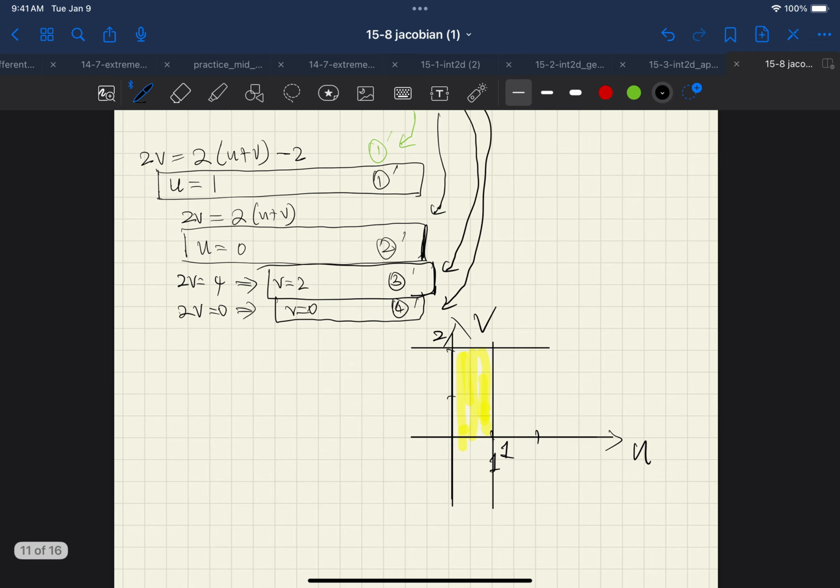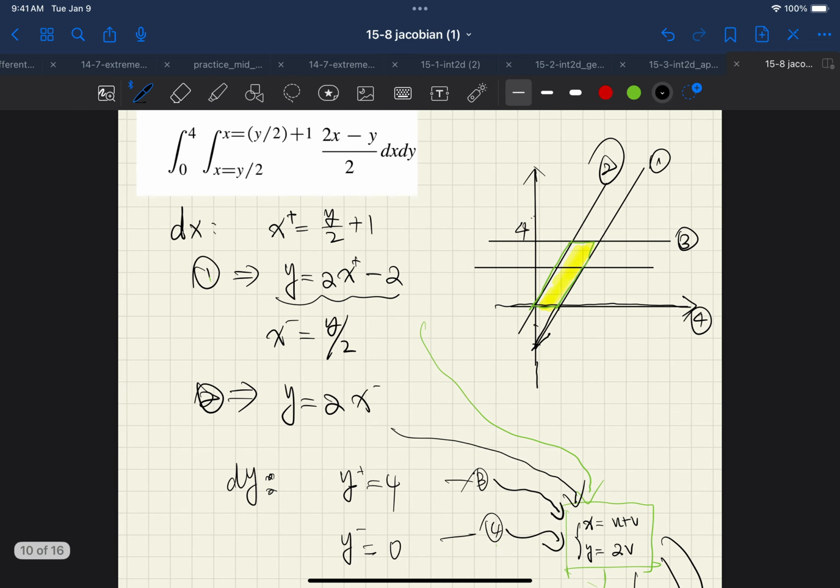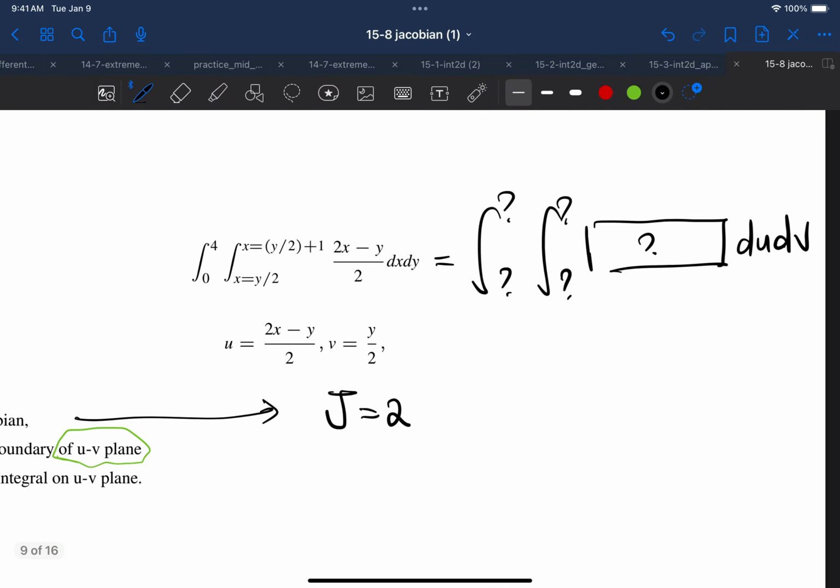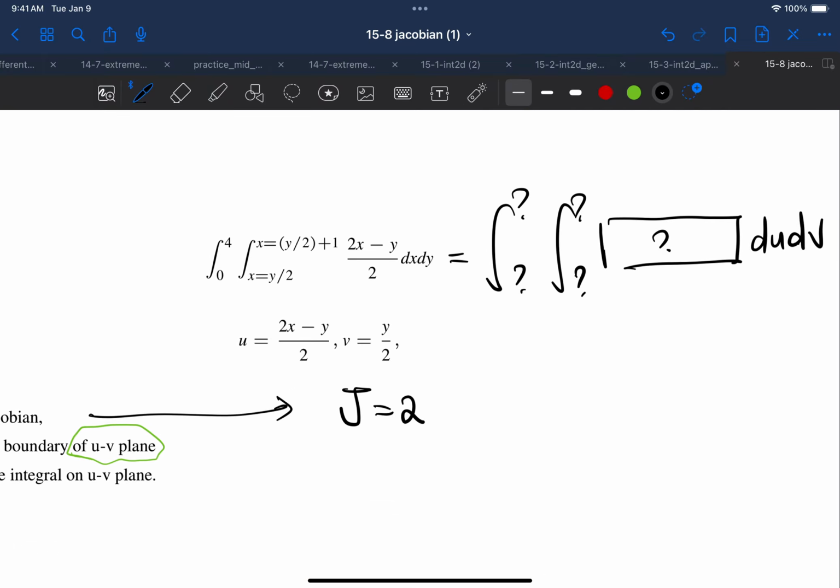Now we go back to our original motivation. I want this shape. Now I have du dv.